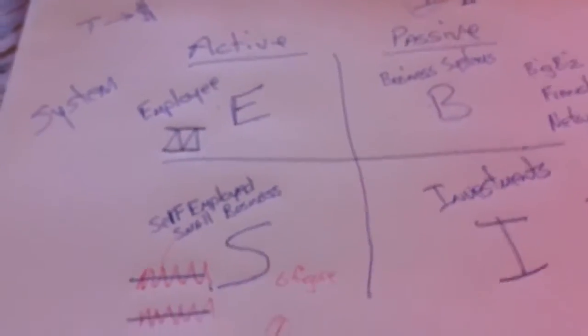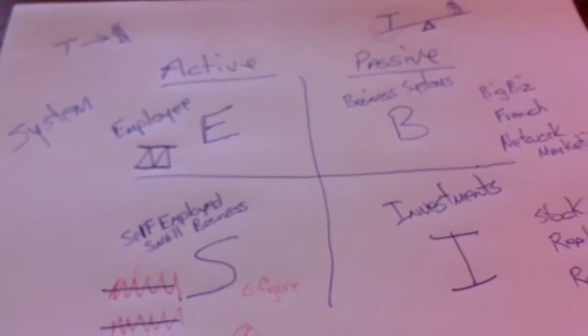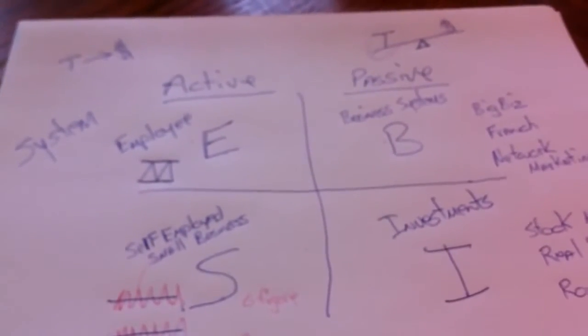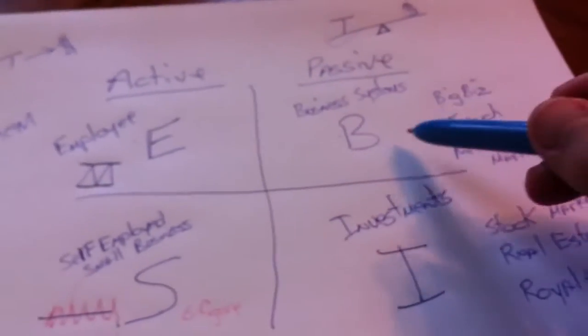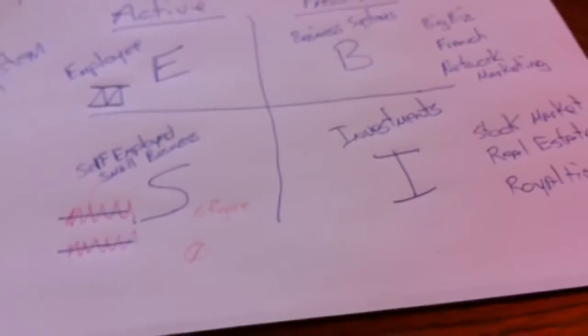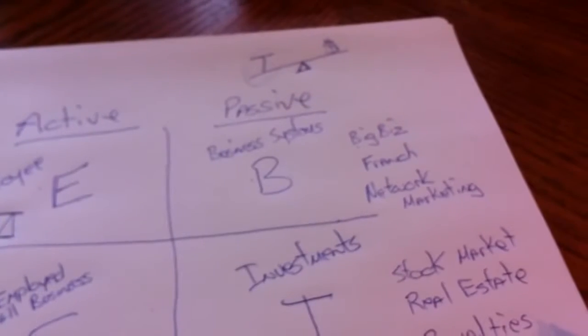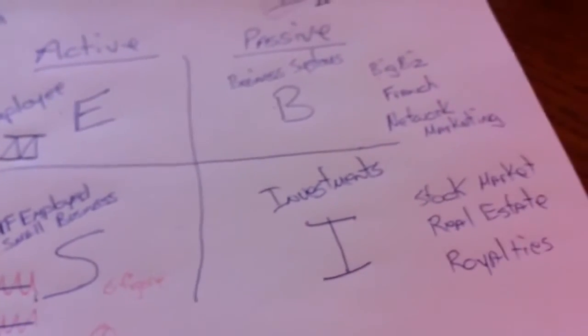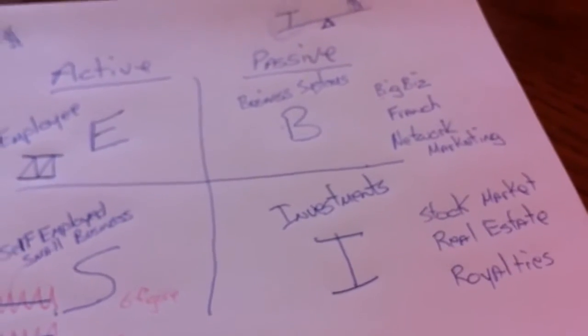So basically, if you're an employee and you work for somebody, they have a system in place. As long as you abide by their system and do a good job, you pretty much have a job. Business systems, they have systems in place. So whether it's big business, a franchise, or network marketing, they have a specific way they want you to do business.